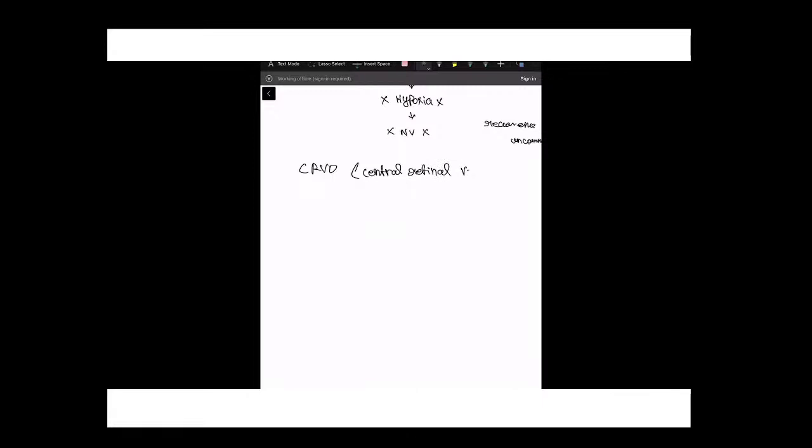Next we'll go for CRVO, central retinal venous occlusion.